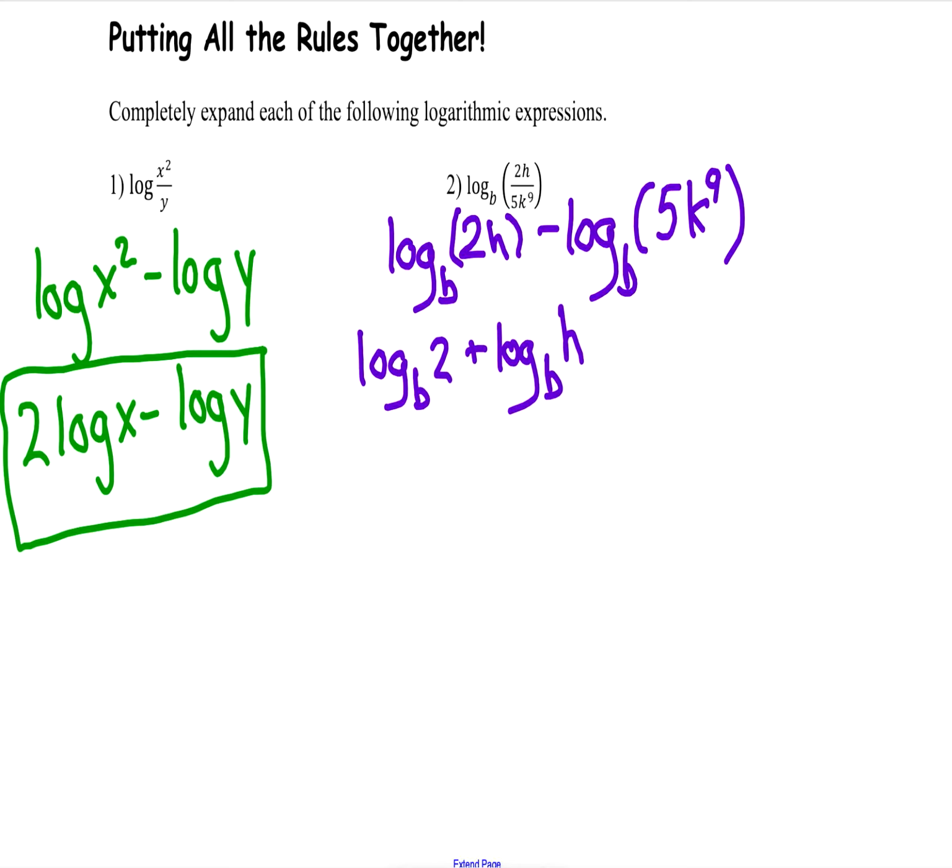And I'm going to do the exact same thing with that second part: minus log base b of 5 plus log base b of k to the 9th.